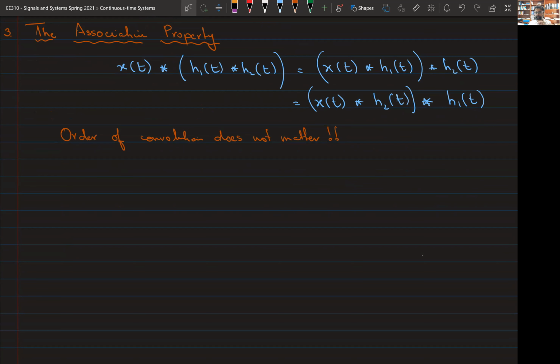Nobody? Ji Hassan. Sir, the left-hand side would be a large block which will have h1 of t convolved with h2 of t, and the input will be x of t.